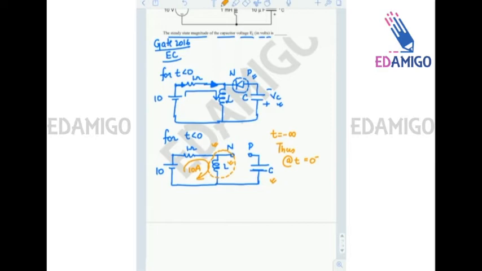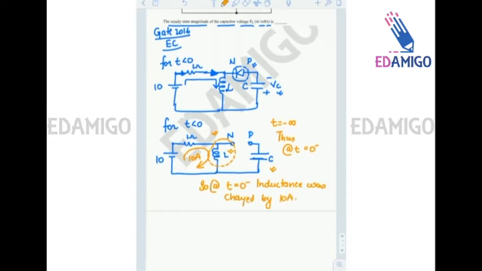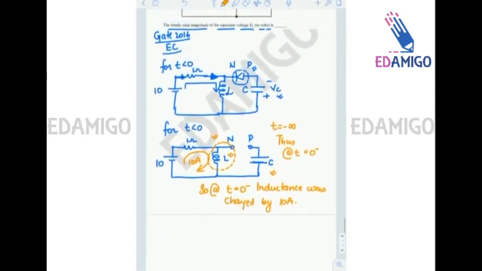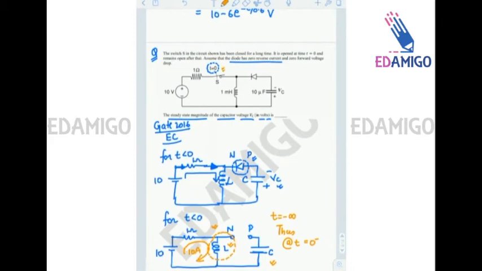So at t equals 0 minus, inductance was charged by 10 amperes current top to bottom. Now for t greater than 0, this switch is turned off, that is, it is opened.